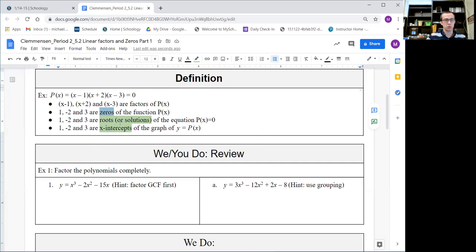My x-intercepts are just where y equals 0, all that good stuff. So in the end, these 3 terms are interchangeable, really. They're all talking about the same thing, just from a different perspective.